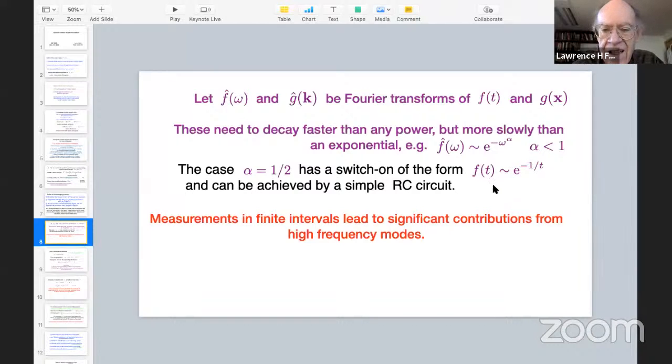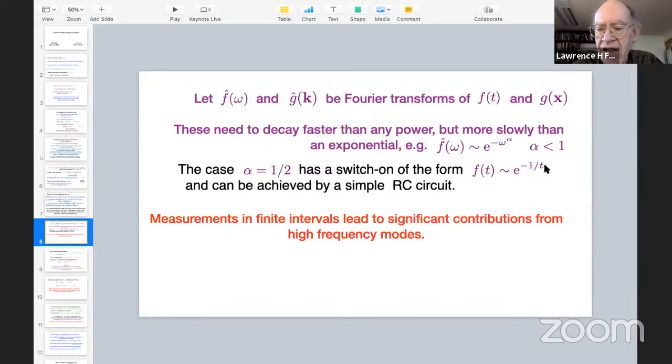It's possible to construct a simple electrical circuit which corresponds to alpha equals 1/2. Namely, its Fourier transform falls off as the exponential of the square root of the frequency. And its switch on in time basically looks something like this.